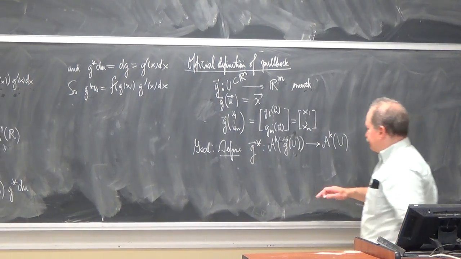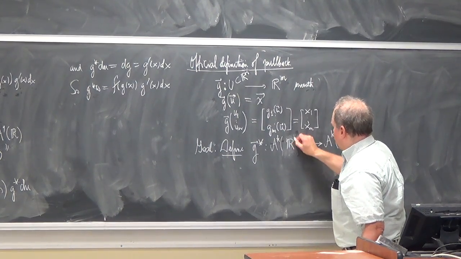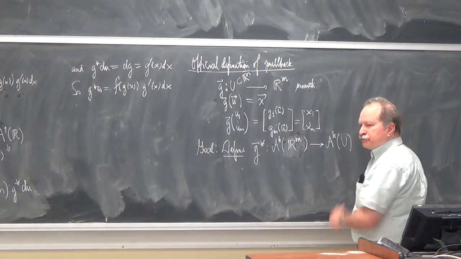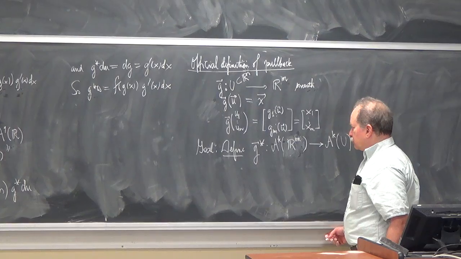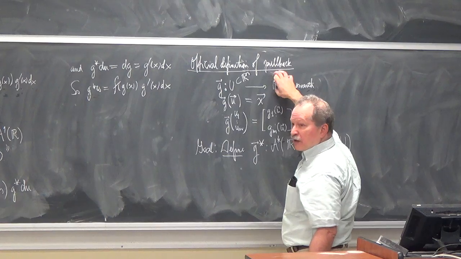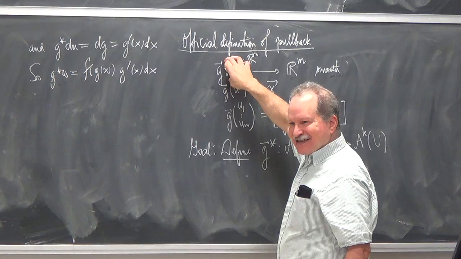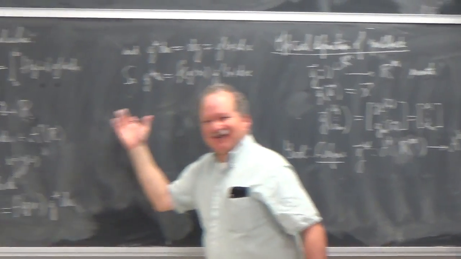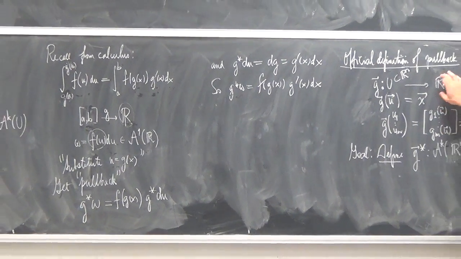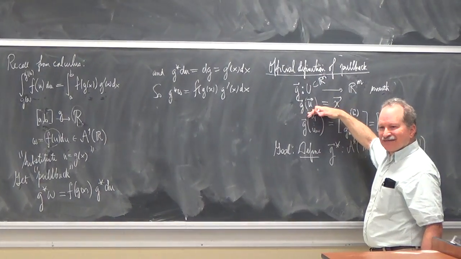Let me just put Rm here. So it's changing the domain of the k-form? Yes. It's going to give you a way to take a k-form here, pull it back, and have a k-form here. The process is what I did for you here that you've been doing without thinking. You're just going to substitute everything that had to do with x's and dx's in terms of u's.